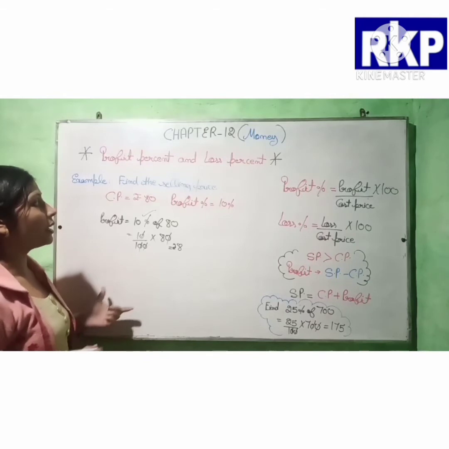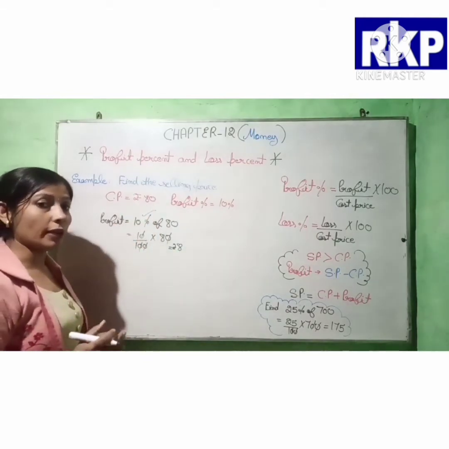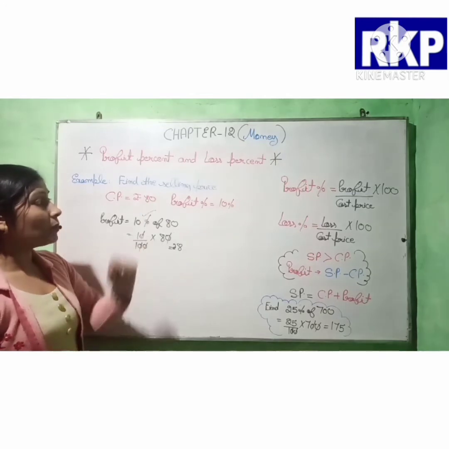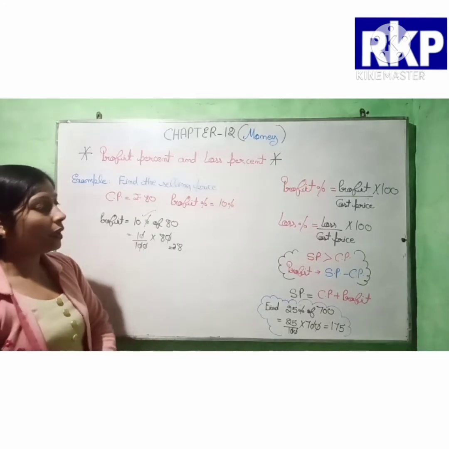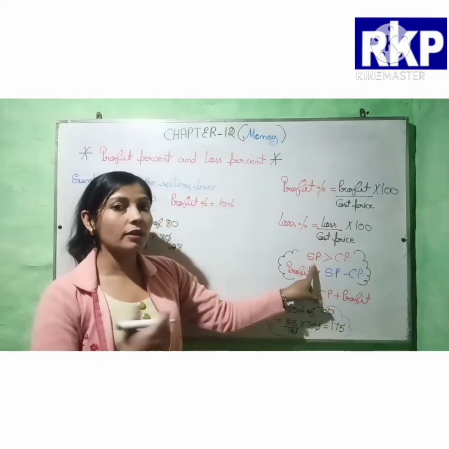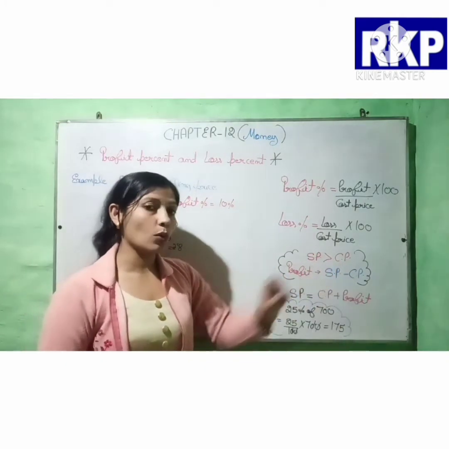Now we have to find out selling price. And you know, in the case of profit, selling price will be greater. Here you can see, in the case of profit, selling price will be greater than the cost price.